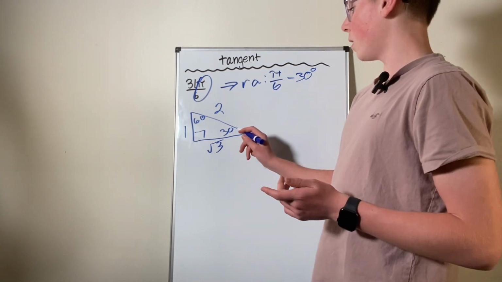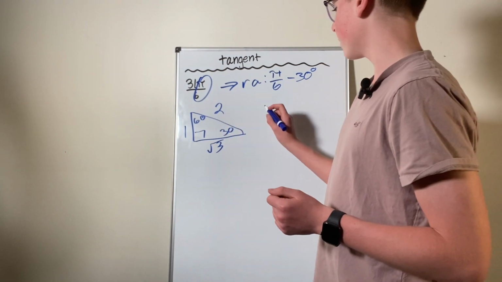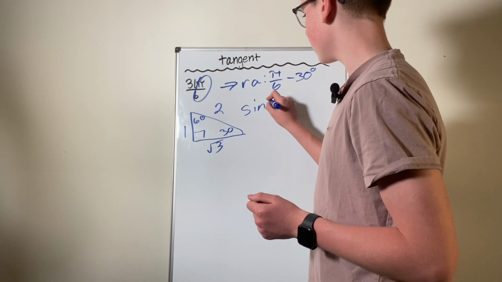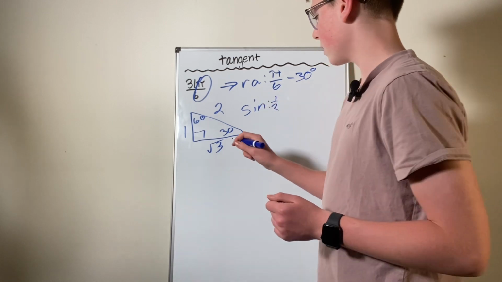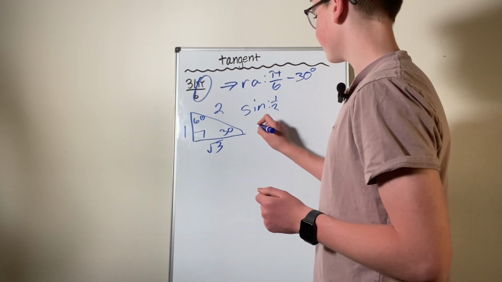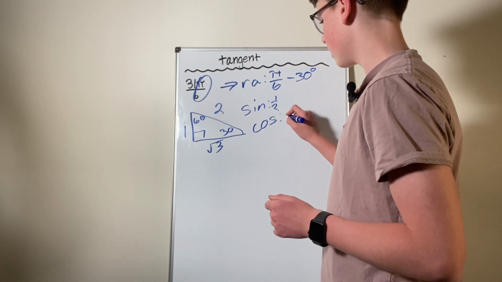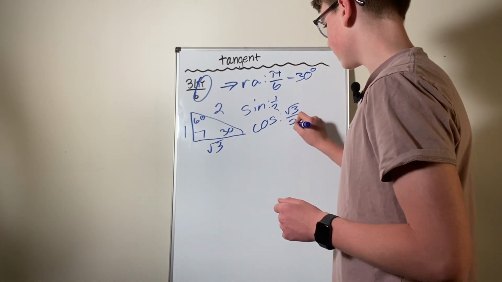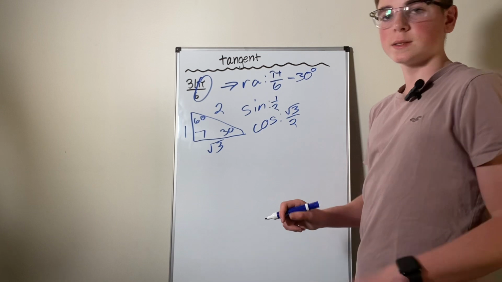What's the sine? Well, pi over 6, sine is 1/2. Then the cosine is root 3 over 2. Now what? Well, sine divided by cosine.